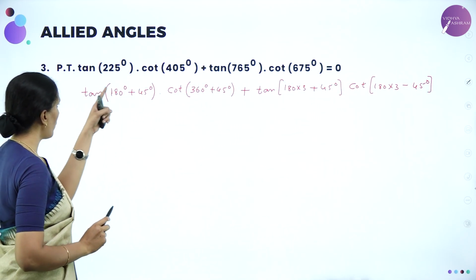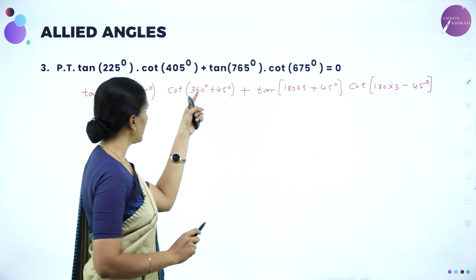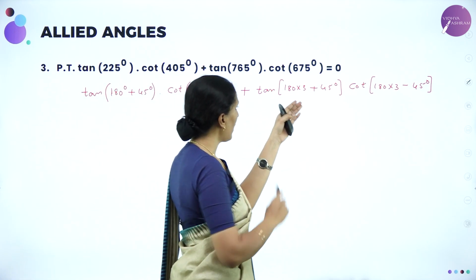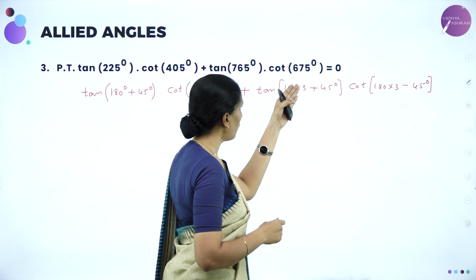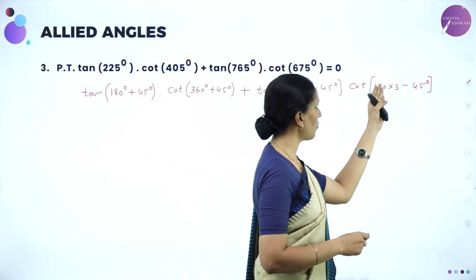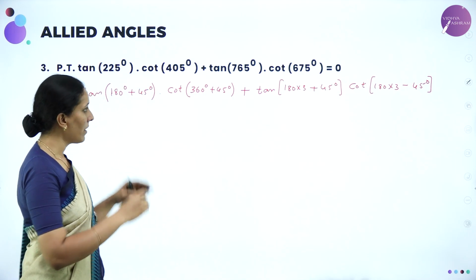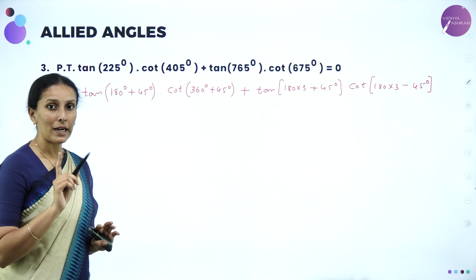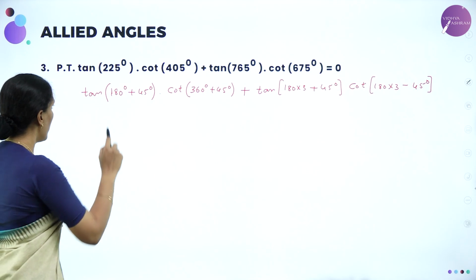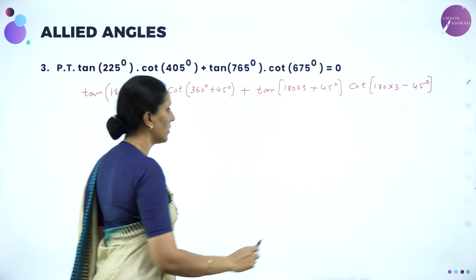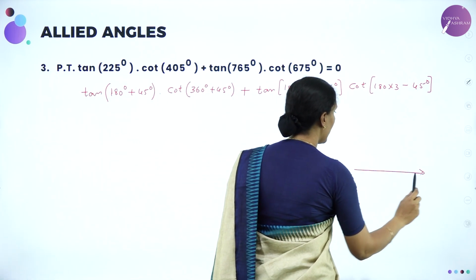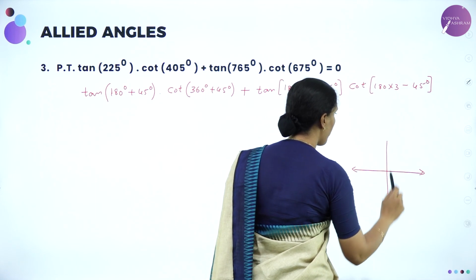Now, these are 180 plus theta, 360 plus theta, multiples of 180 plus theta, and multiples of 180 minus theta. Therefore, the theta value remains the same and the function remains the same, but let us decide the sign. Let us divide this in terms of quadrants.